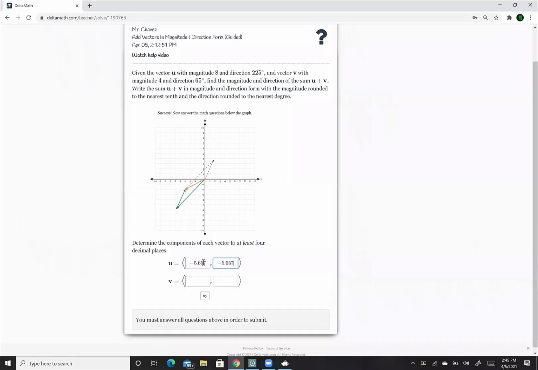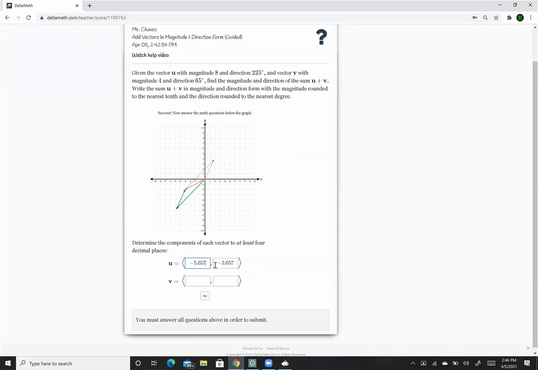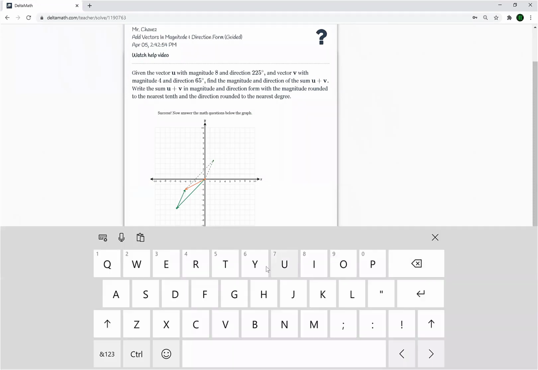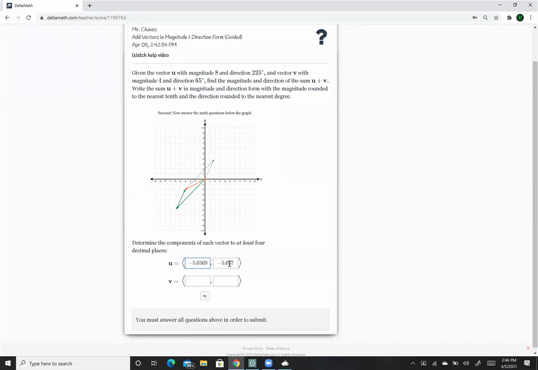There it is. Oh, and look, I already see that I'm doing something wrong. It says at least 4, and I put 3. Lame. 5.6569. Yeah, I would have been faster.